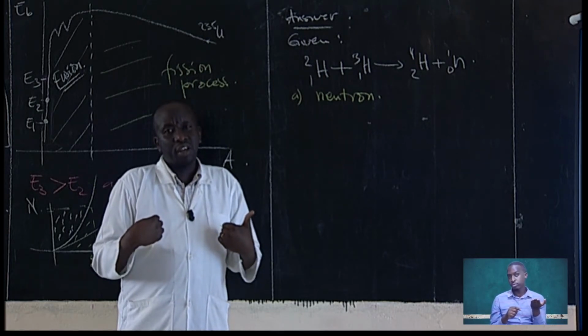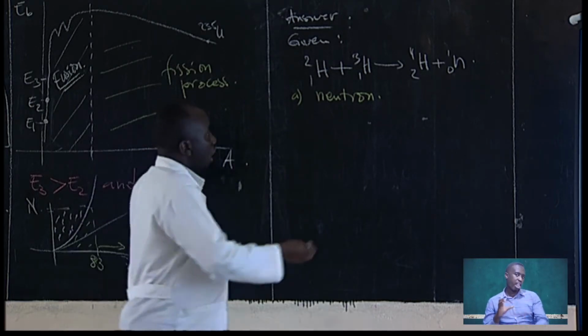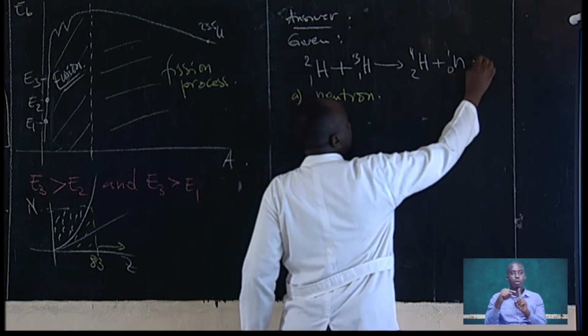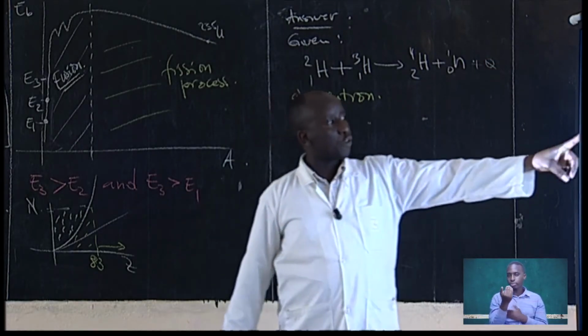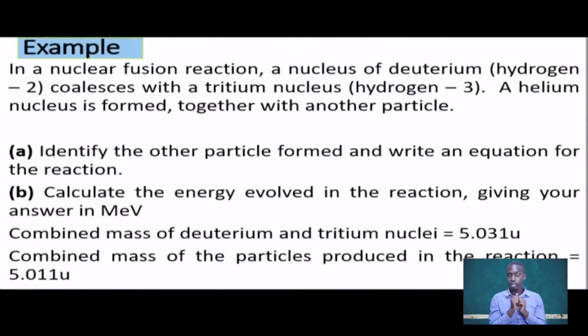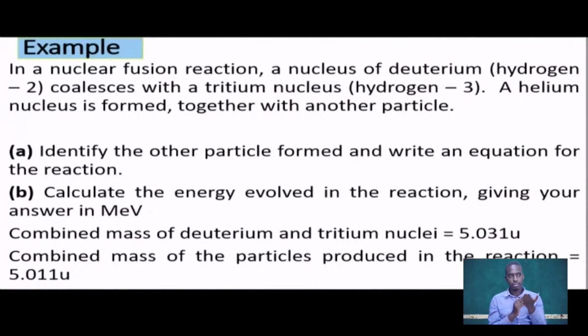If we were asked to also show the energy, we would have to add that energy here. But no energy was asked. If it was together with another particle and energy, we would have to show this energy in the equation. So then let's have the answer to question number B, which is going to let us go into the objective.